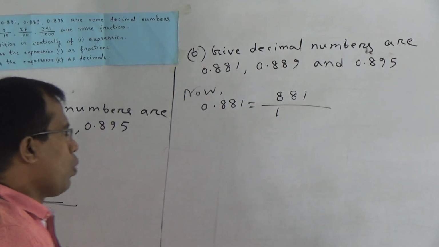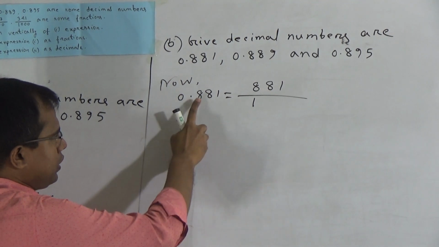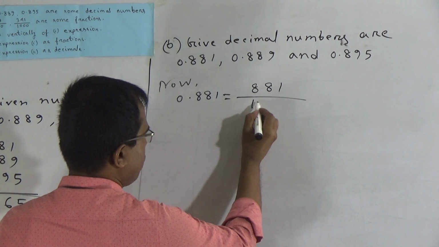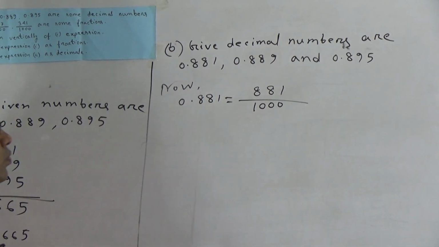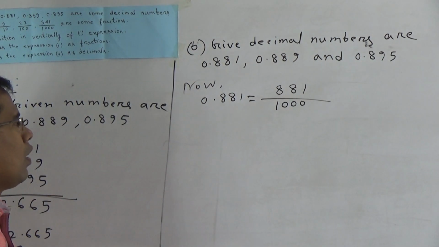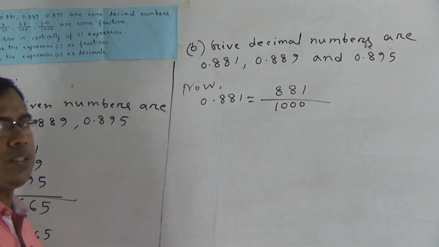And now after the decimal sign, how many digits exist? 1, 2, 3. So we have to give 3 zeros beside 1. That means 881 by 1000 is the fractional form of 0.881.